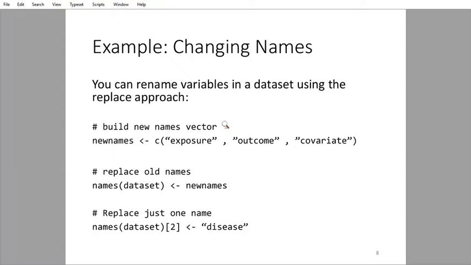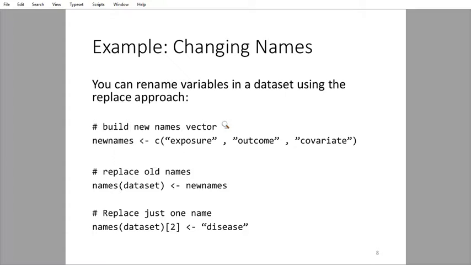If I make a vector that's the same length as the number of columns of a data frame, I can write these new names to the names part of the data set. Remember, all you have to do is write an expression that returns what you want to replace. So here I write names of the data set, that spits out the names. If I overwrite that location, it actually overwrites the names of that object.